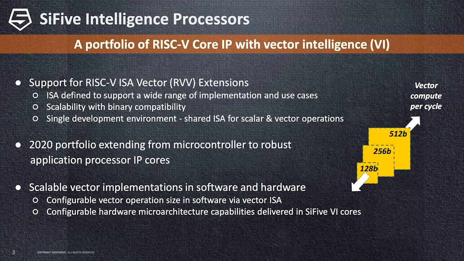So it's really not meant to be just for a very high-end processor or just a small extension for very entry-level processors. It's really meant to scale. And that scalability comes with binary compatibility. It also delivers on being able to develop complete solutions for scalar and vector processing within a single development environment.